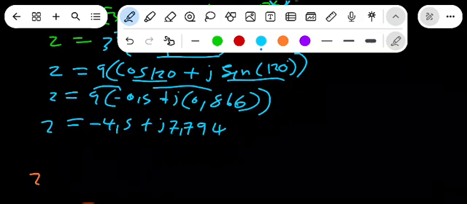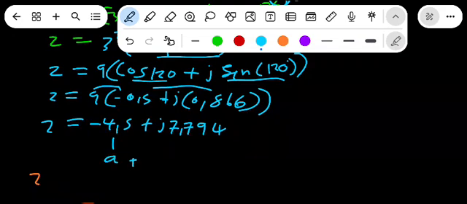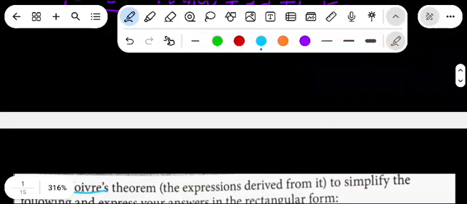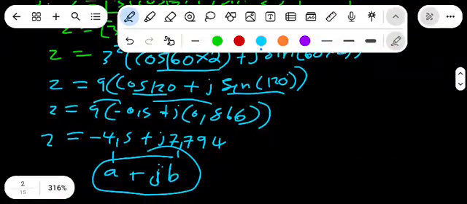So this is the rectangular format, and this is the imaginary part. So that is it in this video. This is how you go about it. Thank you for watching.